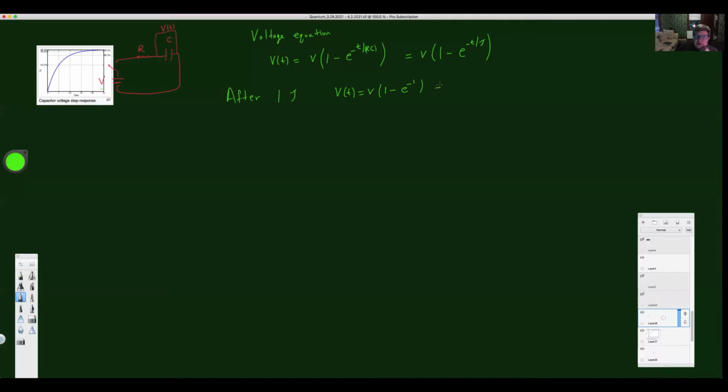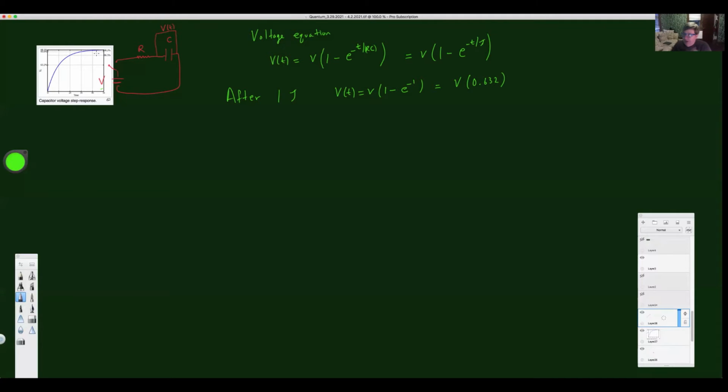And this gives me, as you can see over here, V times 0.632, which means that it's 63.2% of the final voltage. Okay, so that's after 1 tau. After 2 tau, you get up here to 86.5%, 3 tau up to 95%, et cetera. When you're up to 5 tau, you're up at 99.3%.